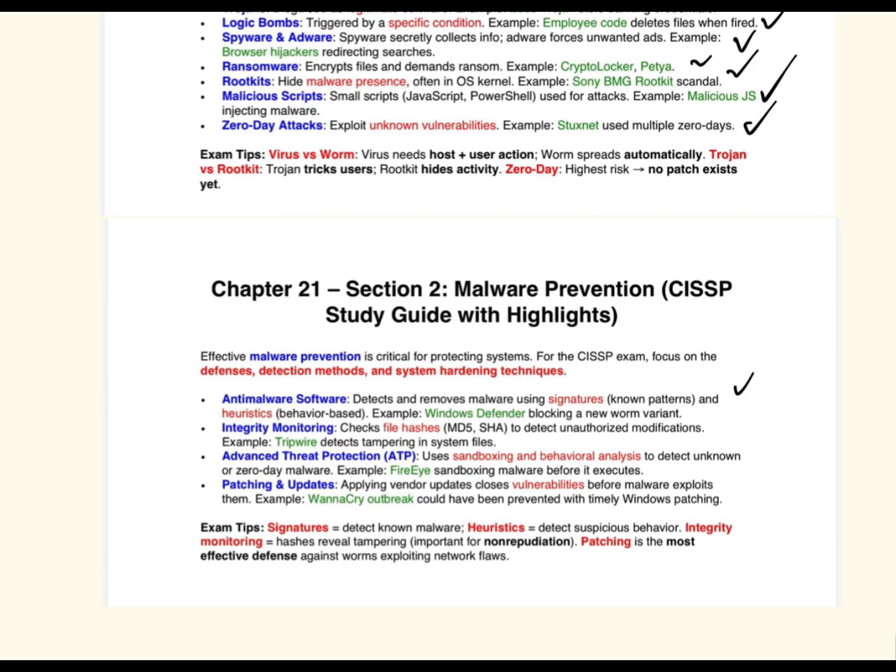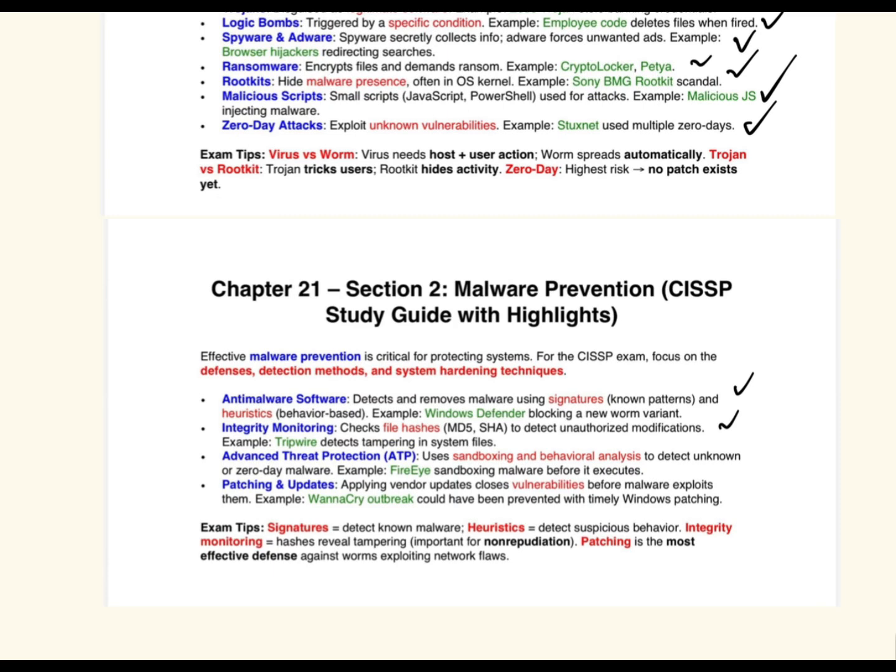For new worm variants, signature detects known malware files, and heuristic detects unknown or suspicious behavior. Again, signature detects known malware, and heuristic detects unknown or suspicious behavior. These two terms are very important for the CISSP exam.